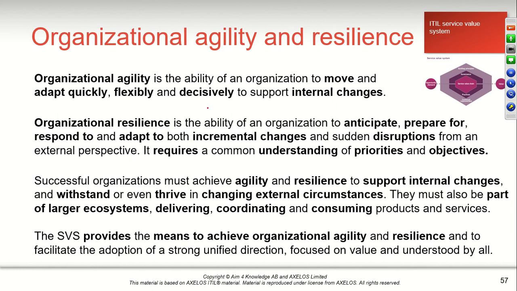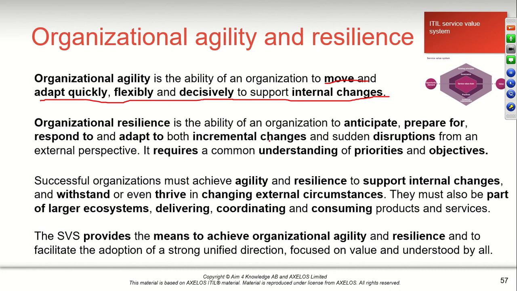Okay, organization agility and resilience. We mentioned that an organization should be agile and should be resilient. Agile means that the organization is able to move and adapt quickly, flexibly, and decisively to support any changes that occur internally. That is agility.